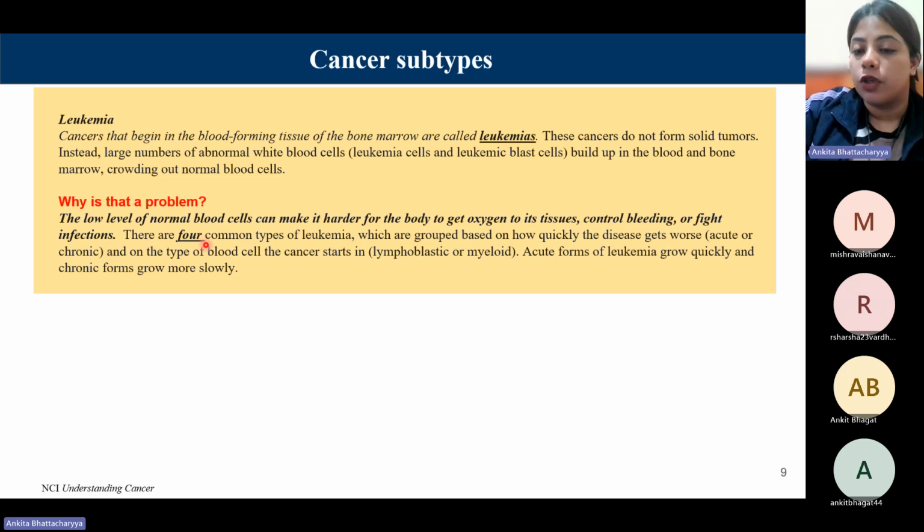There are commonly four types of leukemia, which are grouped based on how quickly the disease gets worse, whether it is acute or chronic, and on the type of blood cell that the cancer starts in. So there is a lymphoid lineage, there is a myeloid lineage. If you've studied basic immunology, you might have studied this already, that there are two subtypes, and based on what type of lineage it arises from, different nomenclatures are used.